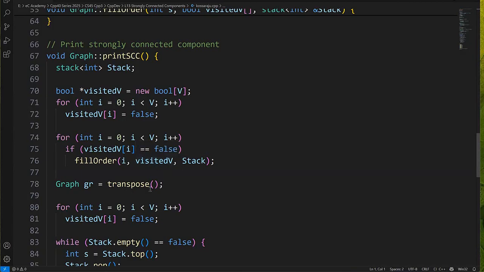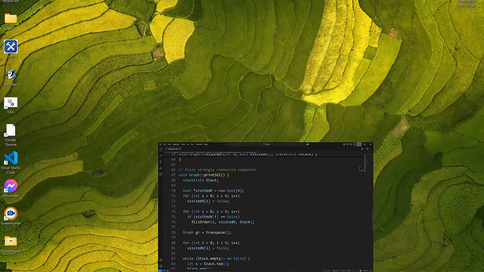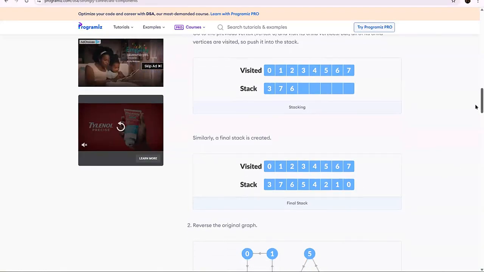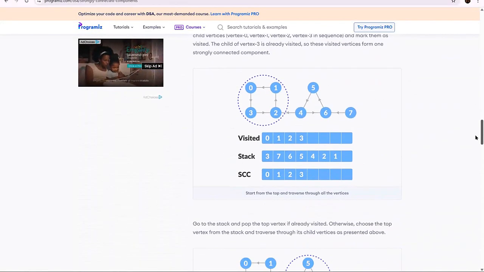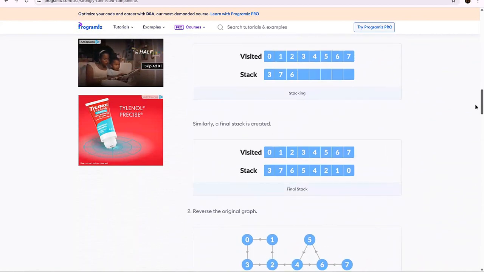You do a transpose of your graph to create a new graph. That's a reverse graph. That is to create your reverse graph over here.